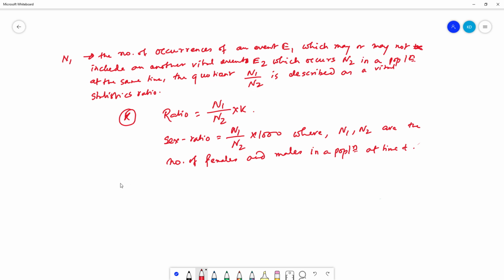Now, the probability interpretation of ratio.